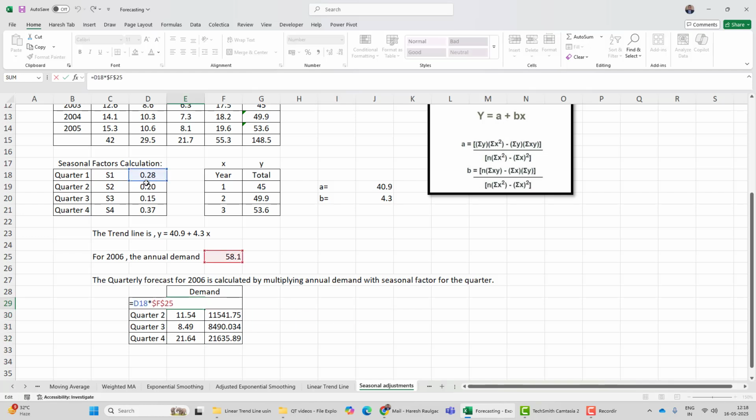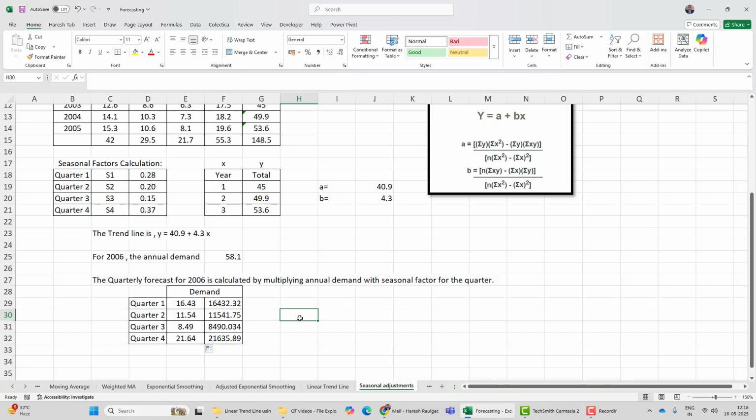So this is your quarter 1 demand. Similarly, you find quarter 2, quarter 3, and quarter 4 demand. Because these values were in thousands, multiply each by 1000, and it will give you the demand in units for the 4 quarters in 2006.